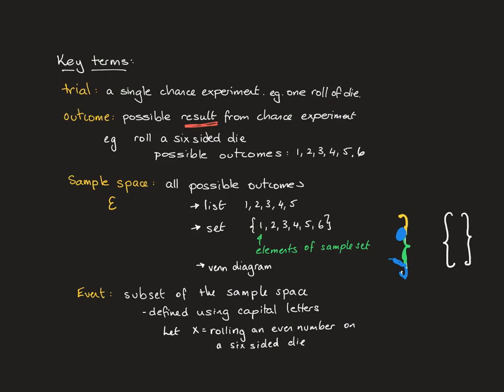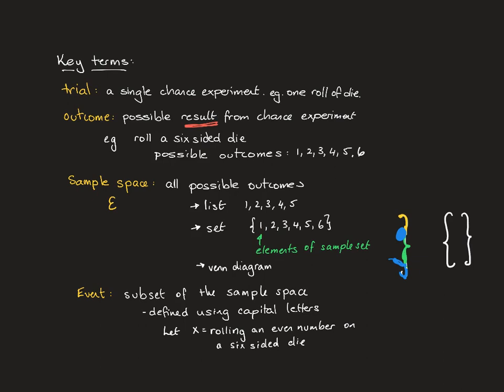The other word that we often use is an event. An event is what we refer to as a subset of the sample space. So one of these particular outcomes. And these different outcomes here we call elements of the sample set, using a little bit of our set notation and our set language as well.